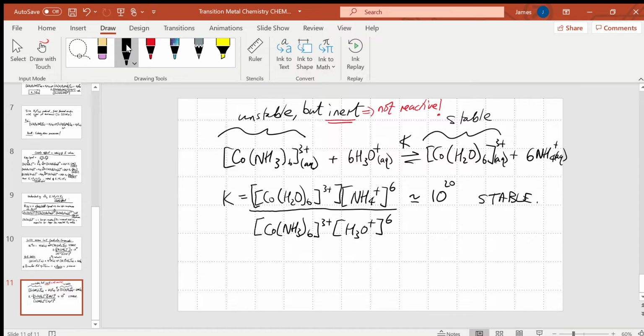So let's see. Very, very slow ligand exchange.